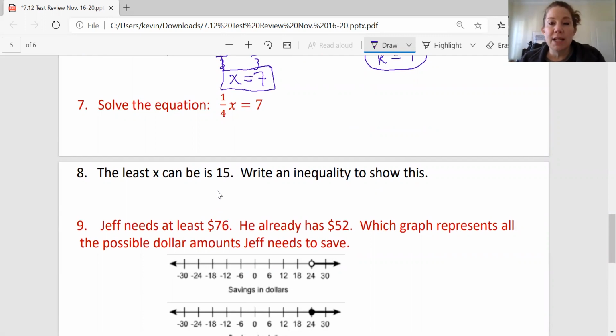All right, number 7. One way to get rid of times a fraction is we're going to multiply by the reciprocal. So the reciprocal, if you flip a fraction, right? You flip it. So if I flipped 1/4, I get 4. So I'm going to multiply both sides by 4, or 4 over 1. 4 over 1 is equal to 4. These cancel.